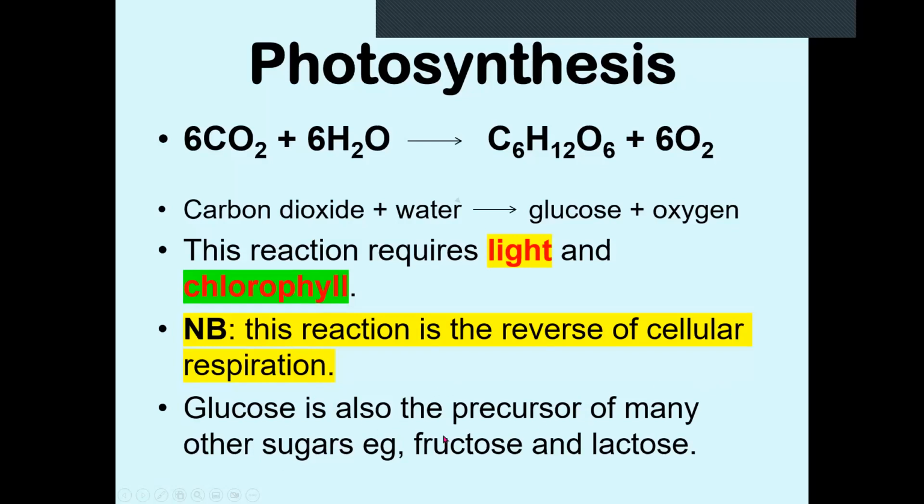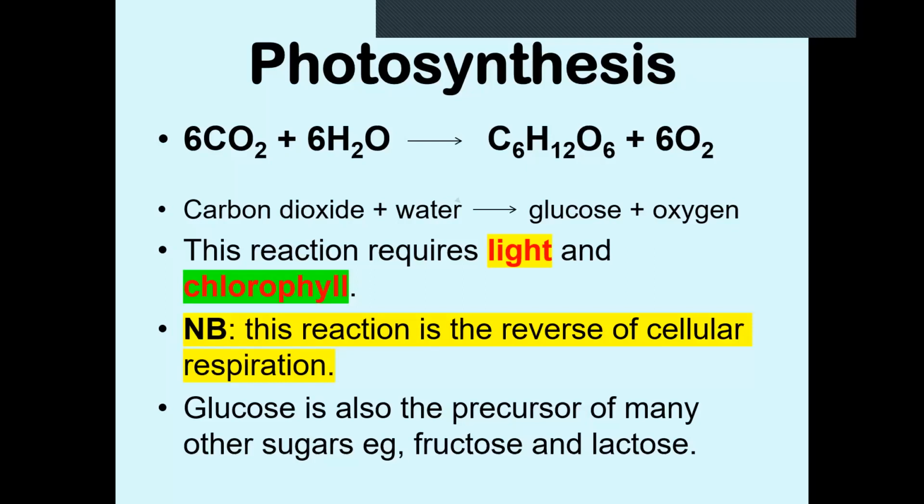So, from glucose, I mentioned starch. We store glucose in our liver and a bit in our skeletal muscle, and the structure of starch and glycogen, which animals store, is sort of similar but different.